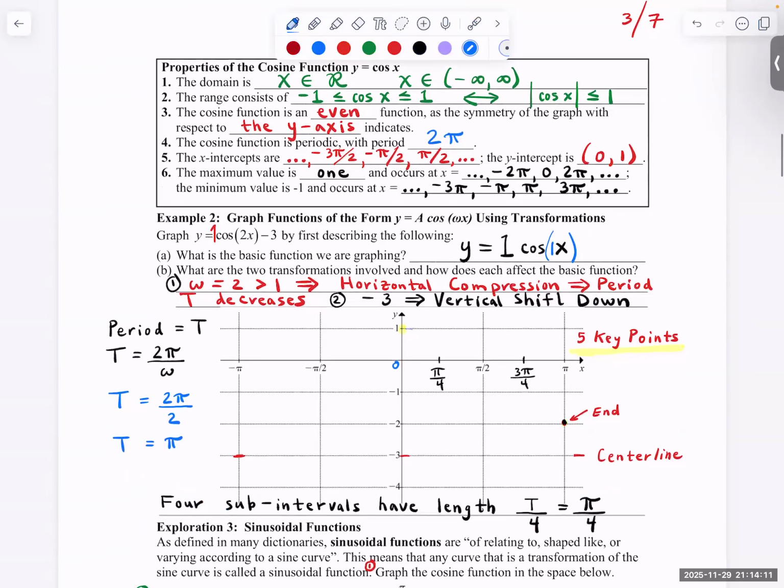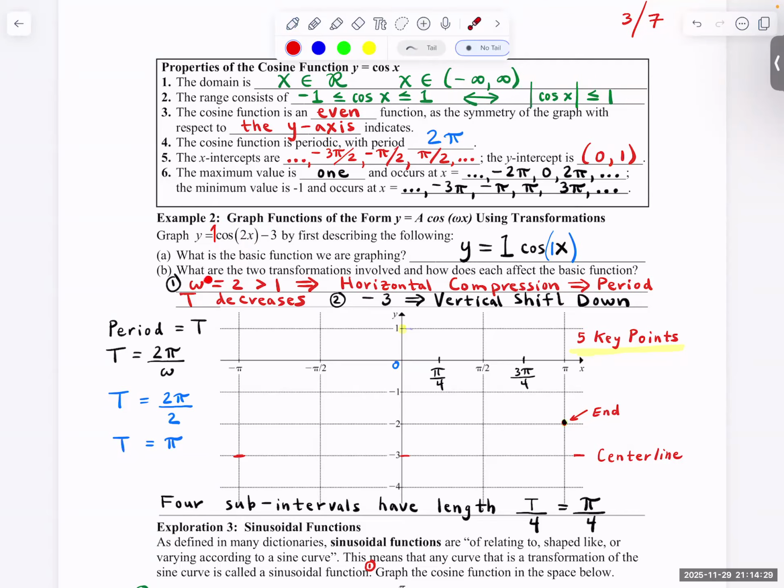What are the two transformations involved and how did it affect the basic function graph? First, the argument in the problem that we're doing, its omega is +2.